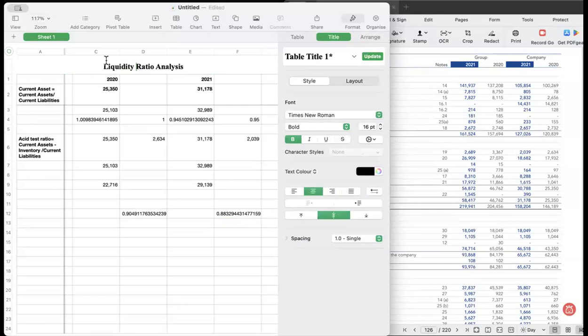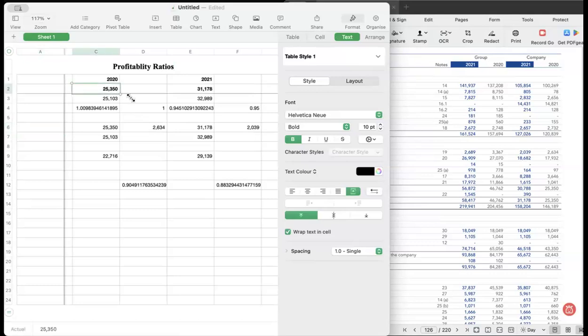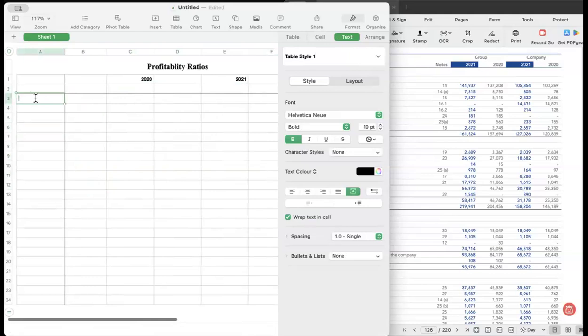Okay, all good. So now let's move on to profitability ratios. Right, so profitability ratios, I believe I gave you three formulas, which is the gross profit margin.